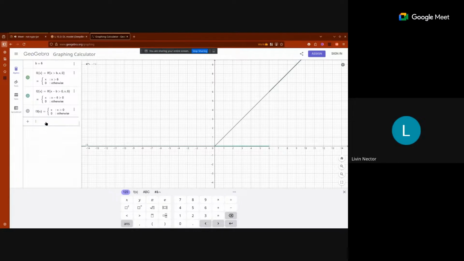So if we do L4 equal to L3 of x minus b, then you see these two things will happen. So this is like a shifted ReLU. See this one? L4. It will be like a shifted ReLU.